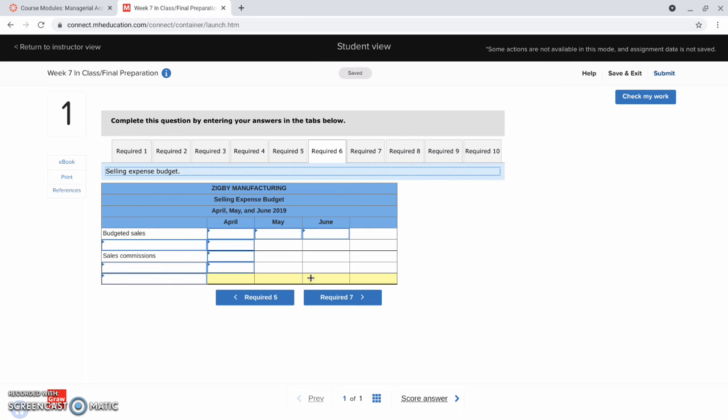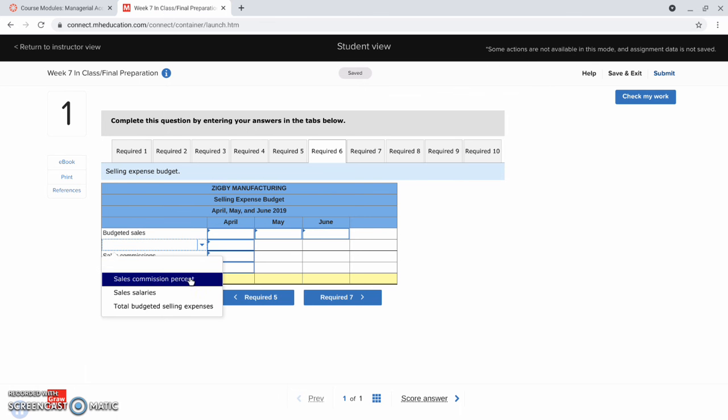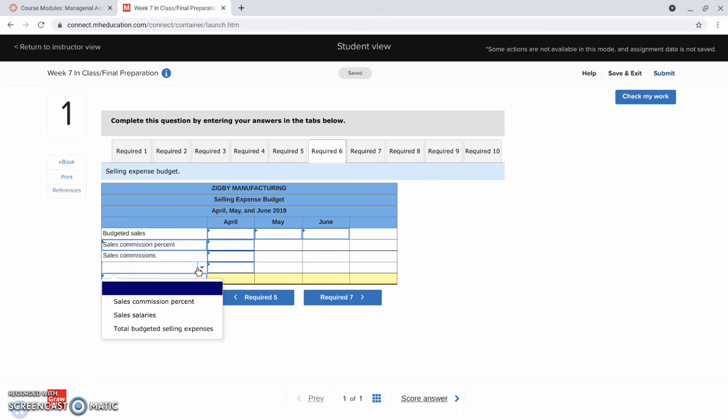Selling expense budget. We're going to set up our rows again. This one is sales commission percent. And then at the bottom is sales salaries. And then total budgeted selling expenses. So budgeted sales, 488,925, May is 465,075, and June is 477,000.